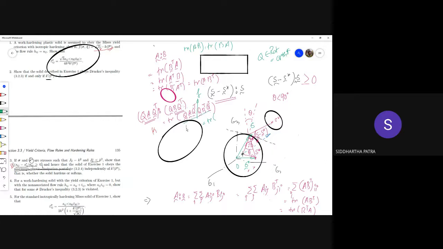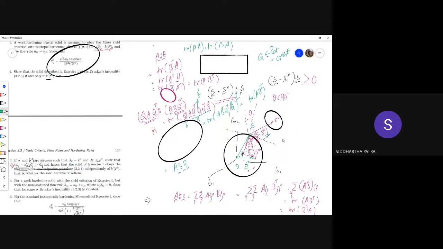This is like my new A and this is like my new B, so I can write it as A B transpose Q, and again this makes an identity matrix. So this equals the trace of A B transpose, and therefore this also gives you A inner product B. So the inner product doesn't change if you change the coordinate system.